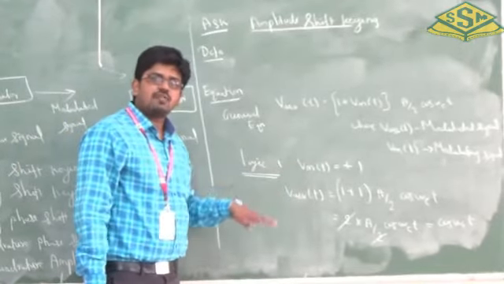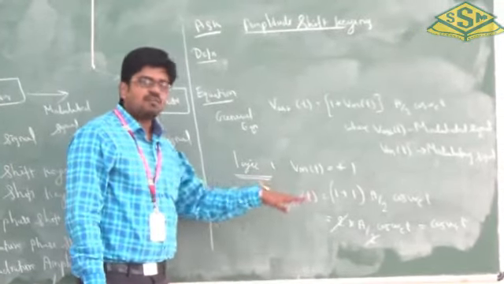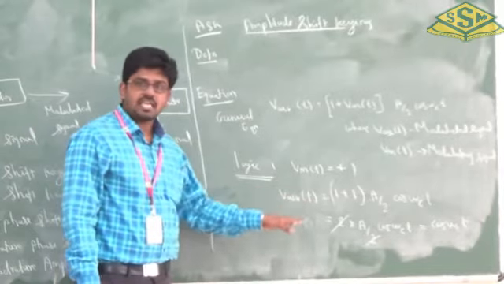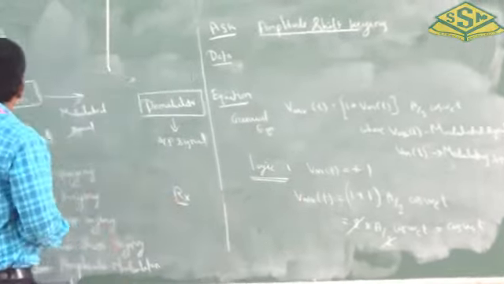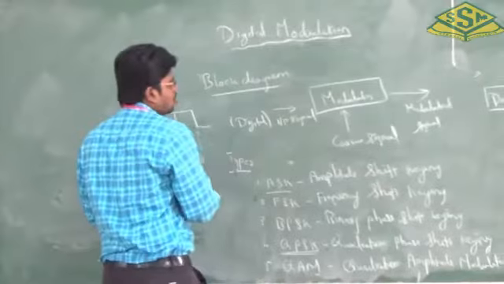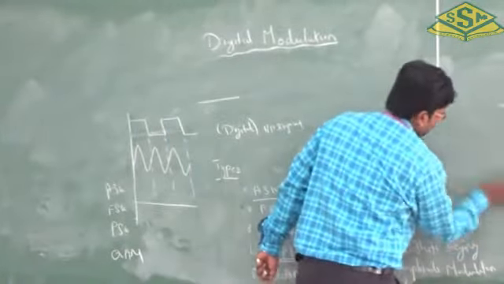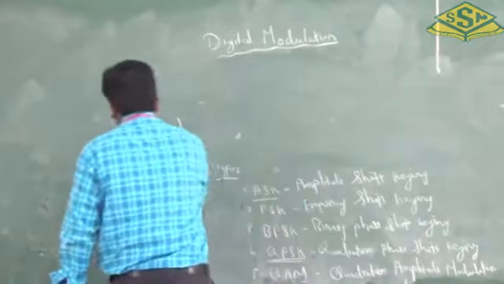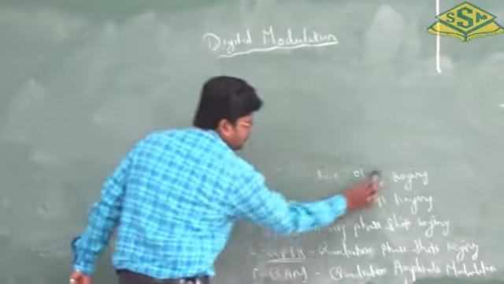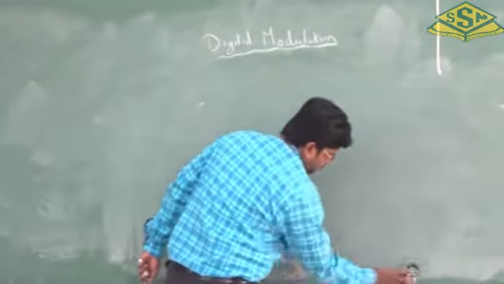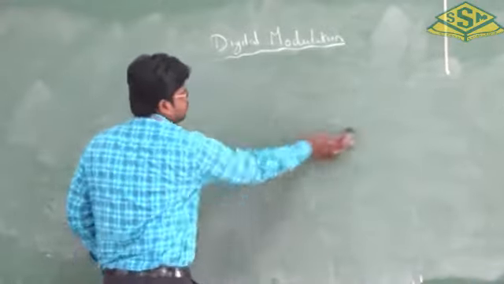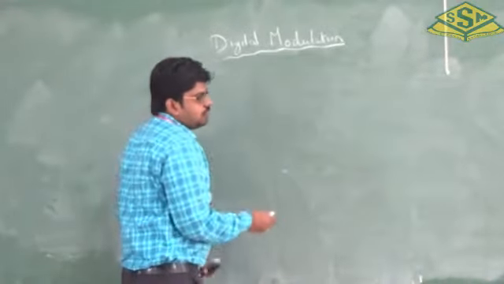After that we have to find out what value we get for VASK of t while applying logic 0. We have done logic 1, then logic 0.